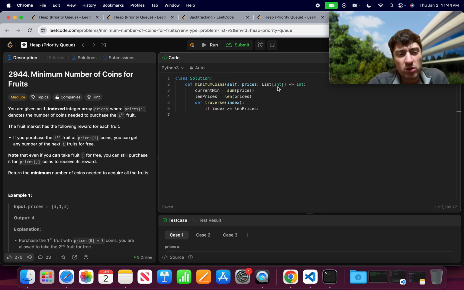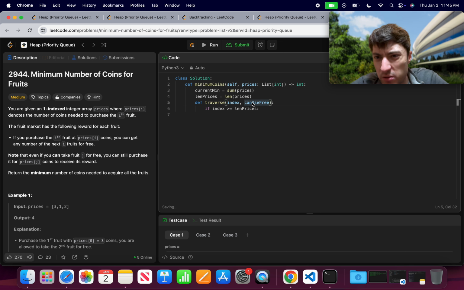I need some way of determining if I'm allowed to even get something for free or not. Okay, maybe I can do something like can use free.